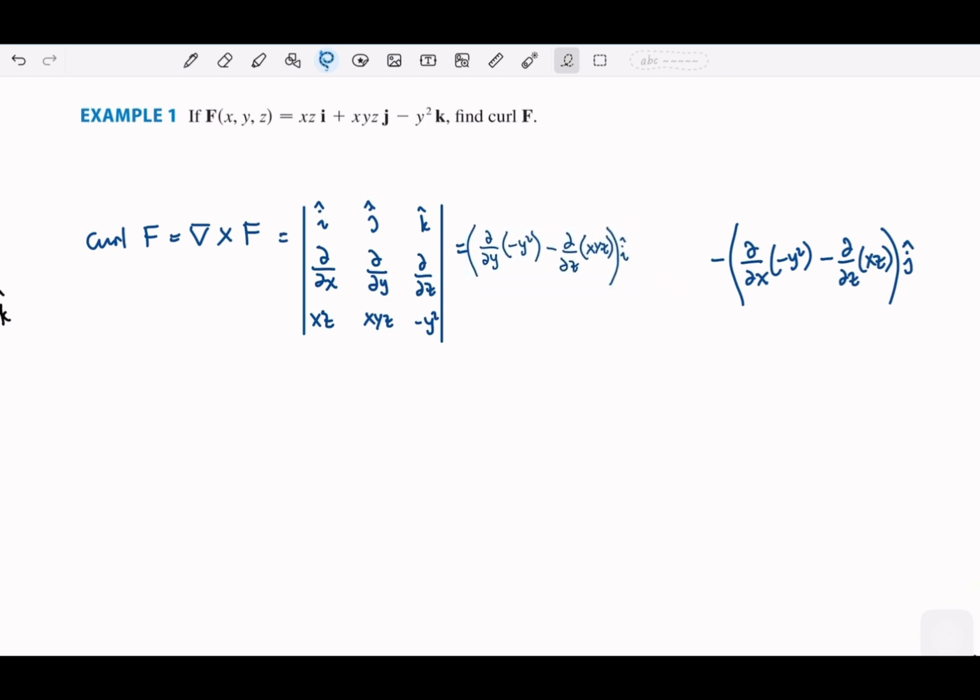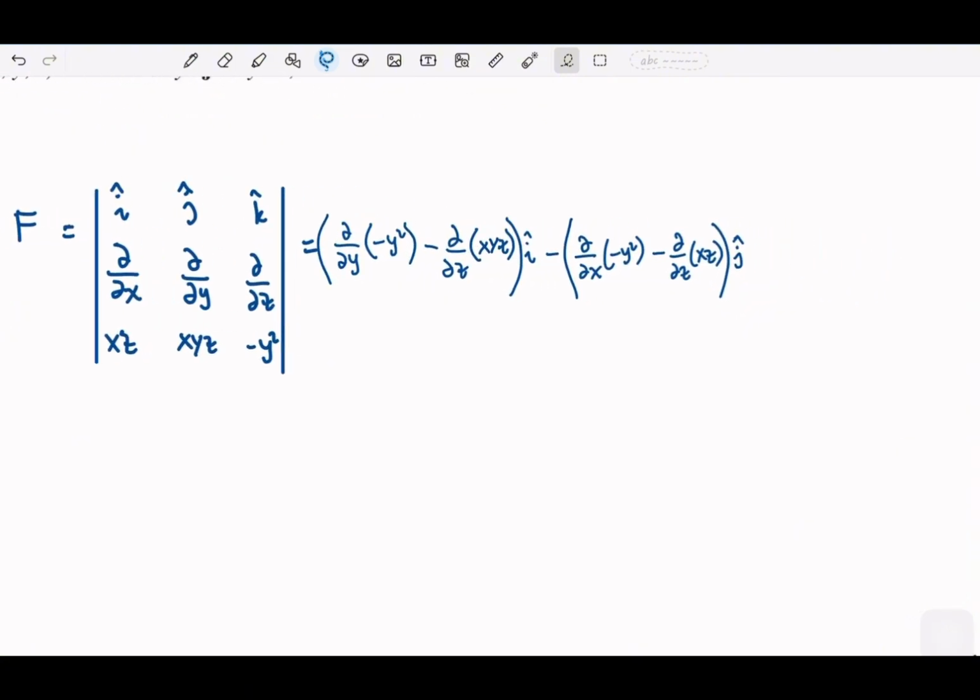Let me make this part smaller, and that one too. And then plus, this will be for k. This is dou x of xyz, minus dou y of xz, which is I think 0, right?